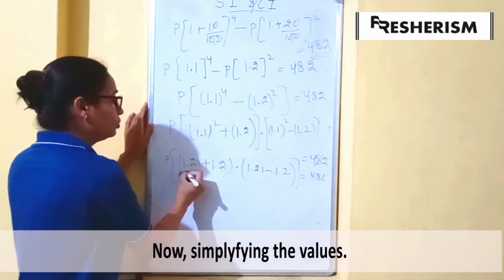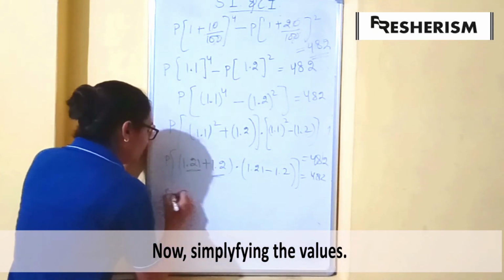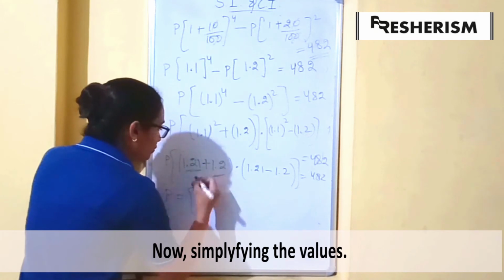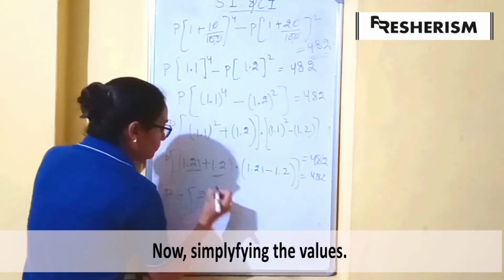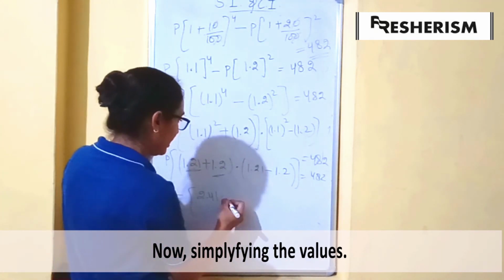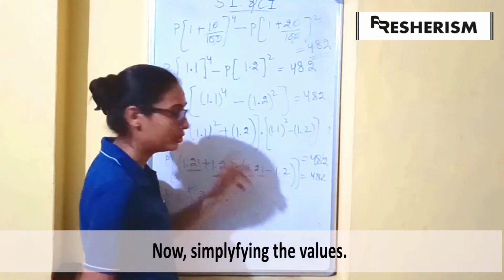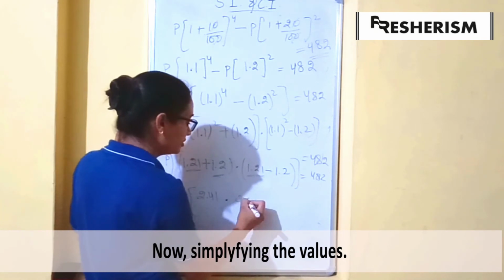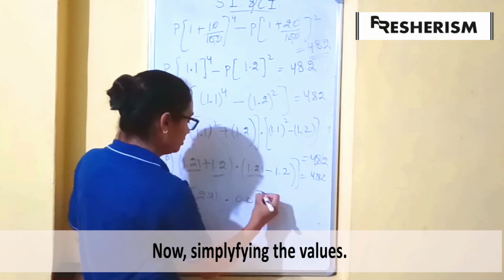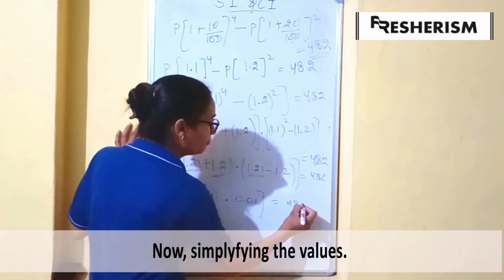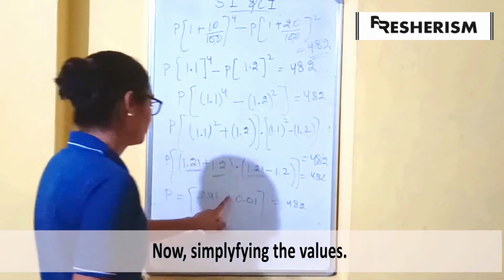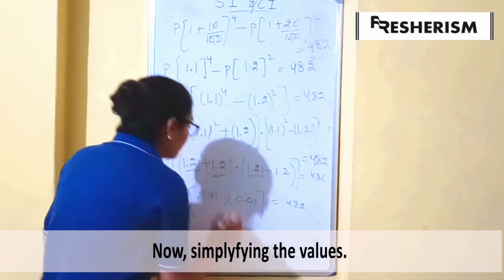Now 1.21 plus 1.2 would be equal to 2.41, multiplied by 1.21 minus 1.2, which gives us 0.01, equals 482.